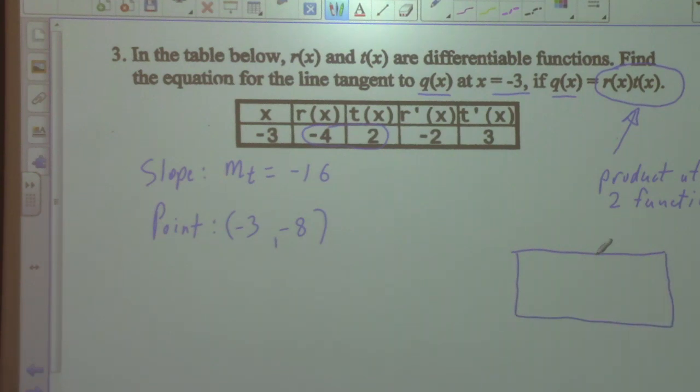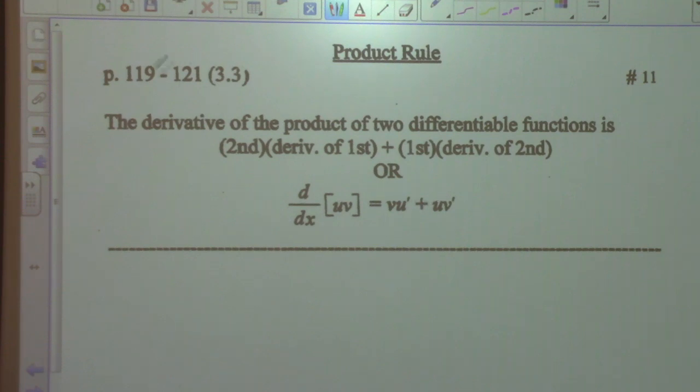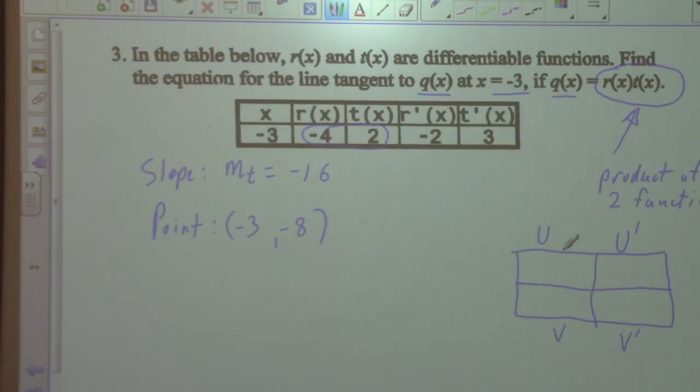In the box, you put U, U prime, V, V prime, mirrored off of this formula. This R is my U, and my U prime is this R prime over here.